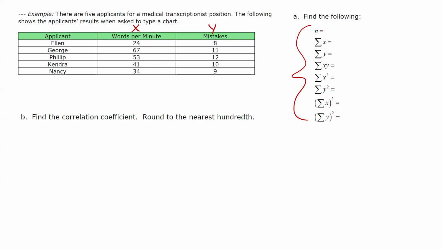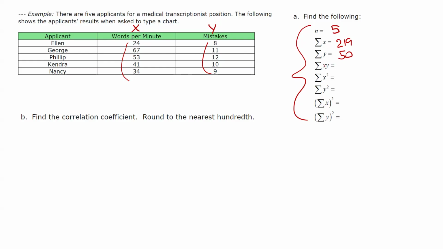N is going to be the total number of samples that we have. And we have 5 applicants, so N is going to be 5. Next, we're going to take the sum of X. So we're going to add up all these values together and get a total of 219. Then we'll add up all the y's together and we'll get a total of 50.